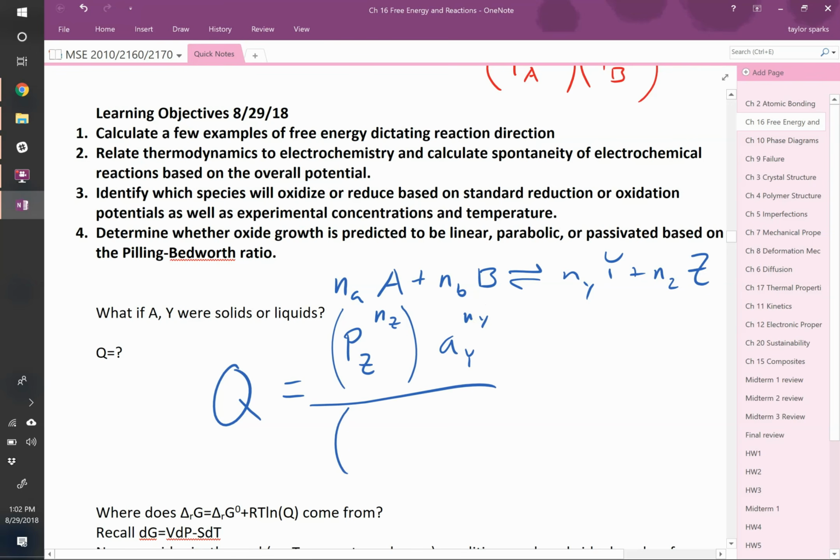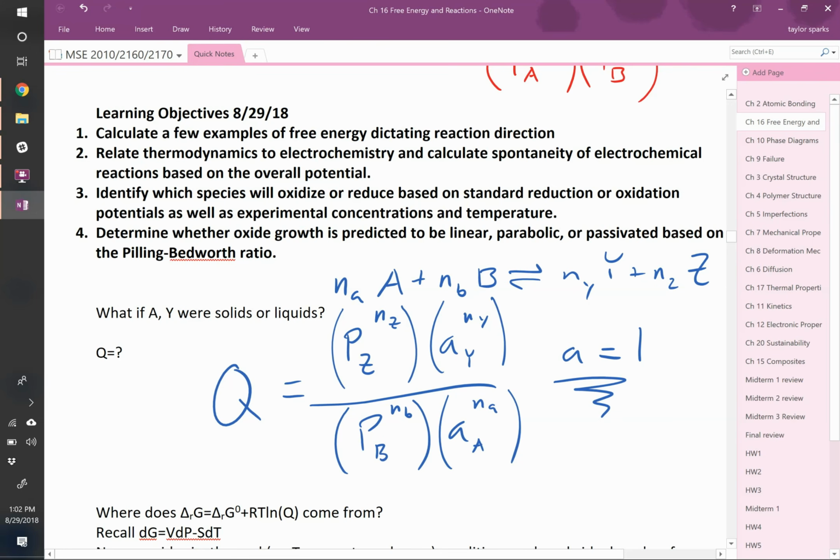And on the bottom, it's going to be the partial pressure of B raised to the number of moles of B multiplied by the activity of A raised to the number of moles of A. And then what makes our life easy is we're going to say that the activity equals 1 for solids and liquids.